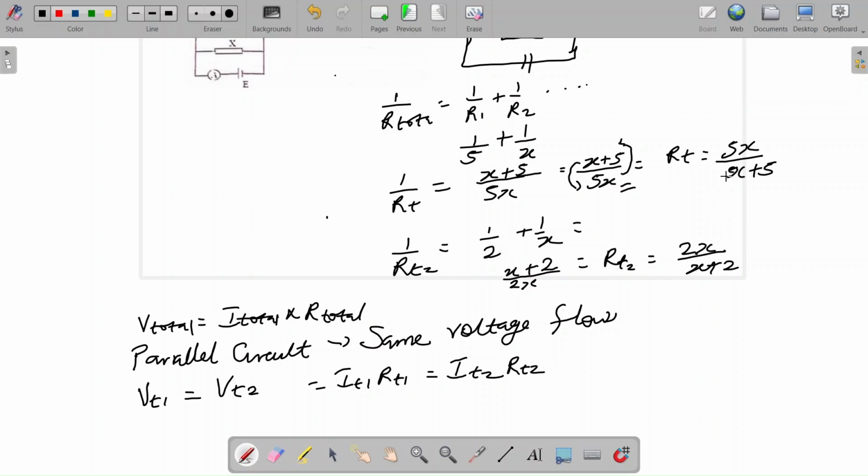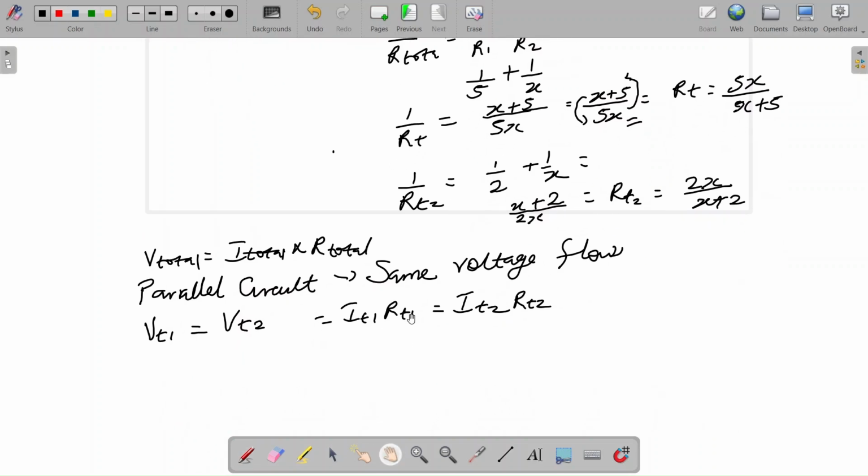If you now bring this equation in, for I total 1 they said 3 amps. From the question, you were given 3 amps. R total 1 is 5x divided by x plus 5.